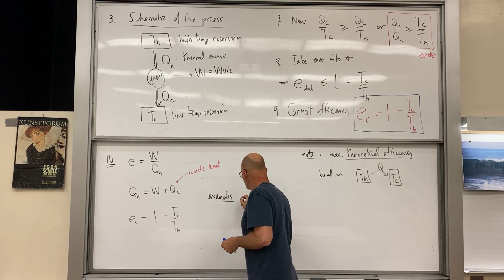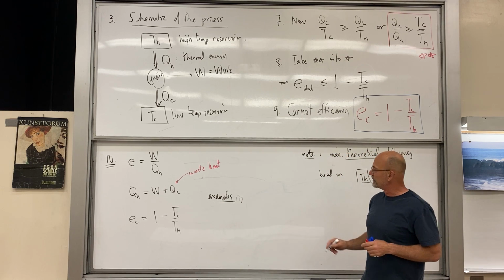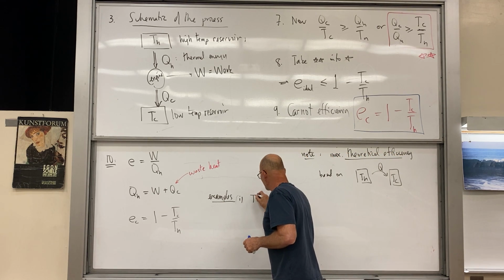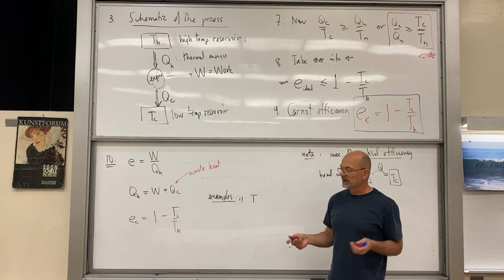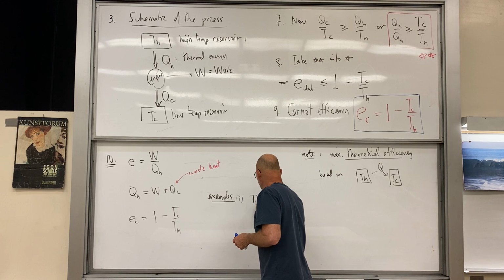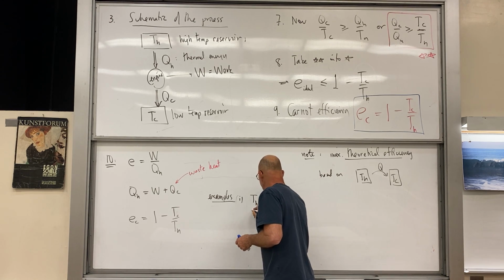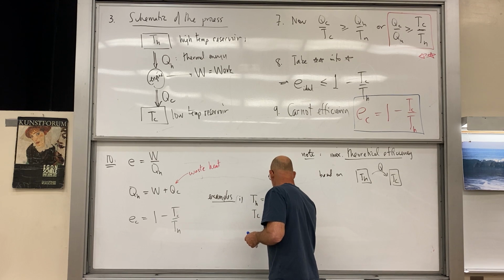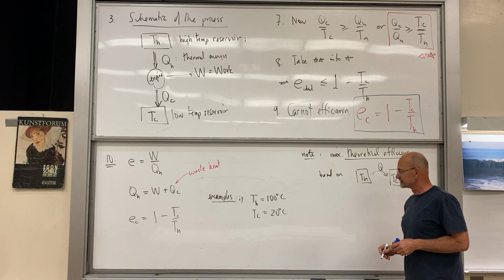The first one is if we have an engine that runs between boiling temperature and room temperature. Okay, so let's say TH is 100 degrees Celsius and TC is equal to 20 degrees Celsius. Okay, boiling and room temperature.